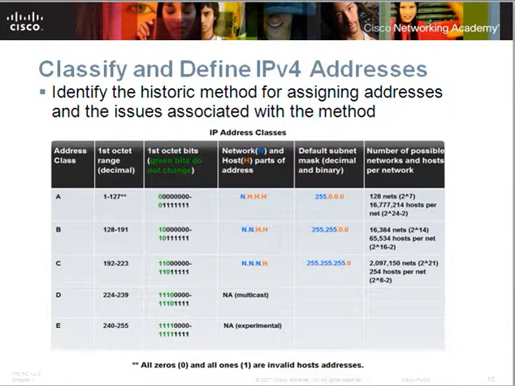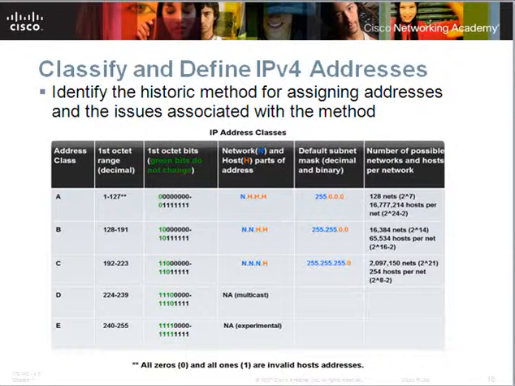Now the number of possible networks and hosts is calculated. In class A, 7 bits are varying, so 2 to the power 7 is the number of networks we can design. In class B, fixing the first 2 bits, 14 bits are varying, so 2 to the power 14 networks can be designed, and 2 to the power 16 minus 2 hosts in each network.